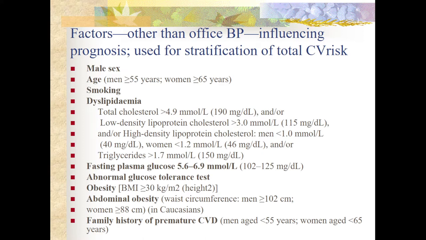Abdominal obesity, waist circumference in men more than or equal to 102 centimeter, in women more than or equal to 88 centimeter. Family history of premature cardiovascular disease: men age less than 55 years, women age less than 65 years.